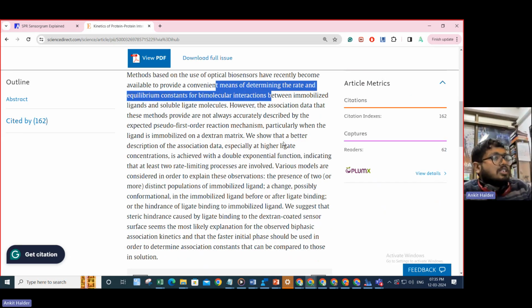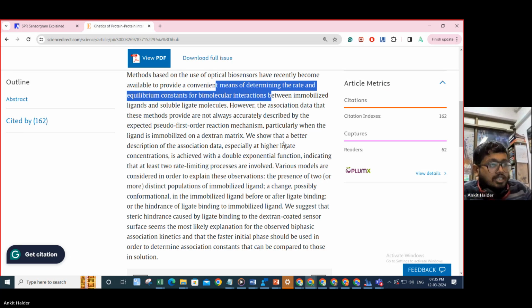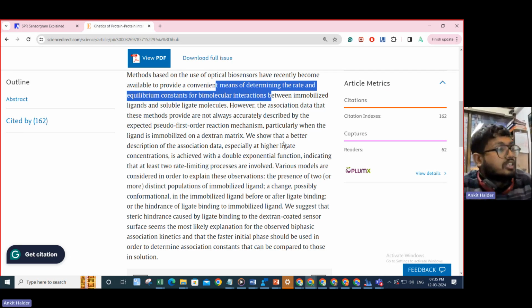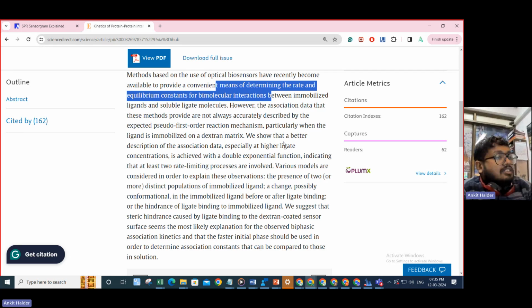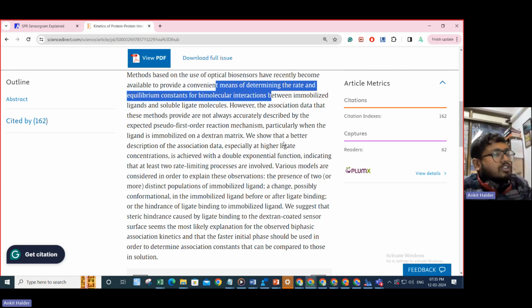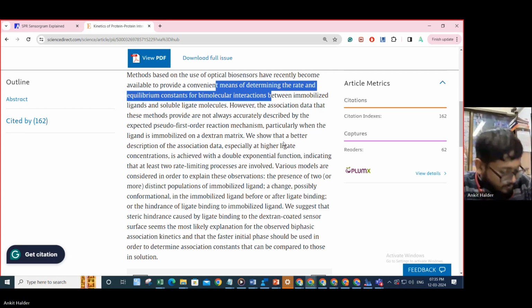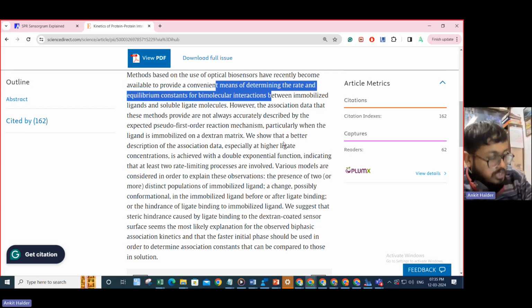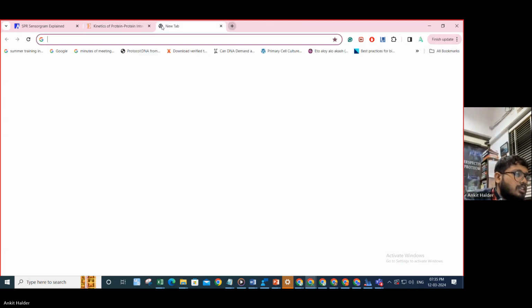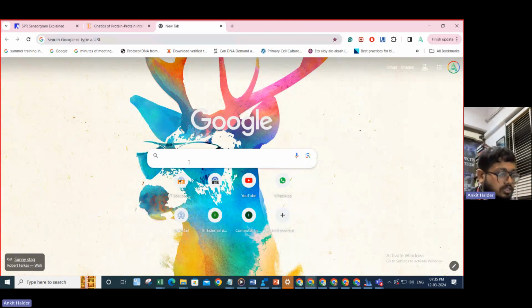However, the association data that these methods provide are not always accurate, and when the ligand is immobilized on a dextran matrix, we show that a double exponential applies, and two rate-limiting processes are involved. So they have talked mostly about the models and how the data is picked. So now we'll see that.